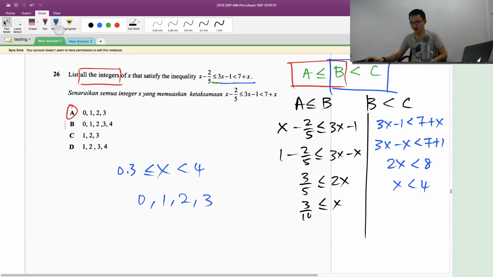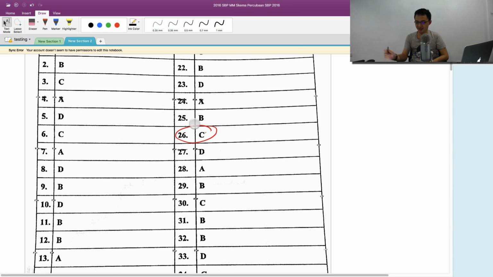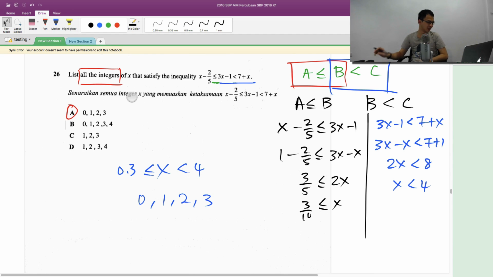I actually have the marking scheme here, question 26, and it says C. I'm wondering, they say C because 0 is not an integer. From my Googling, some websites say 0 is the natural number or neutral number. But in this case, I will consider 0 as an integer as well. So I will choose A, even though the answer is C.